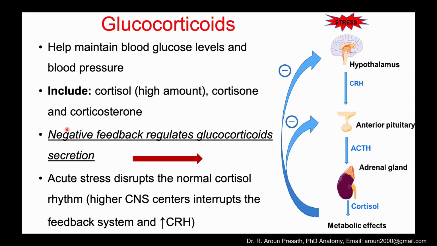Glucocorticoids secreted in the adrenal cortex help maintain blood glucose level and blood pressure. They include cortisol and cortisone, and acute stress disturbs the normal cortisol rhythm. Then higher CNS interrupts the feedback system and increases the corticotropin releasing hormone.